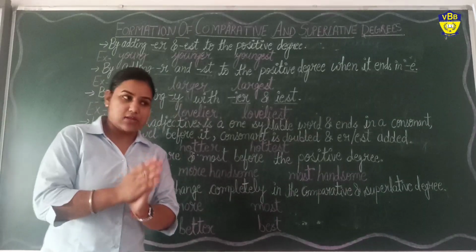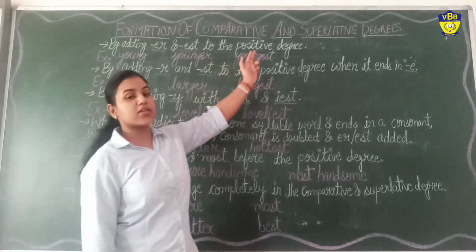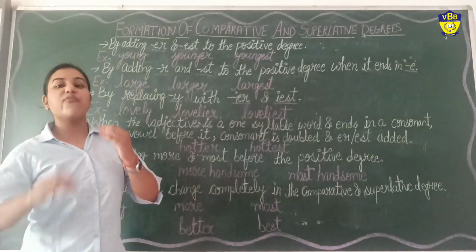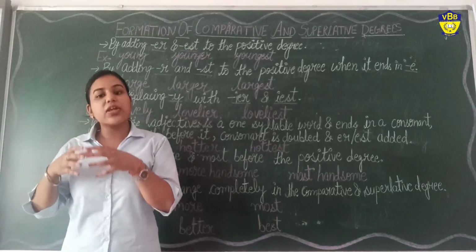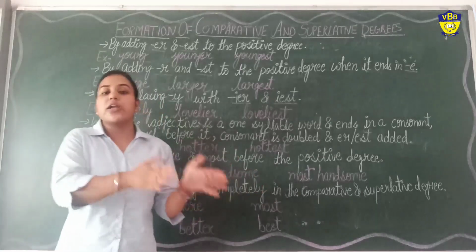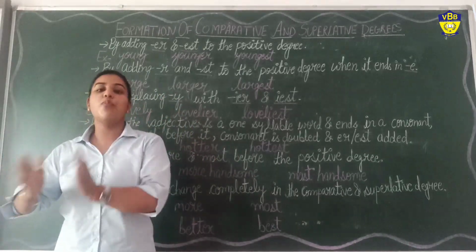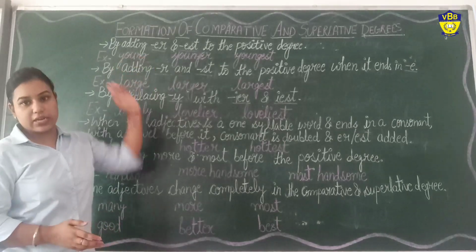So now let's start. By adding ER and EST to the positive degree. See, if we add ER and EST to a positive degree word, we can easily change that positive degree word into comparative degree and superlative degree. Here is an example. See, young is written here.